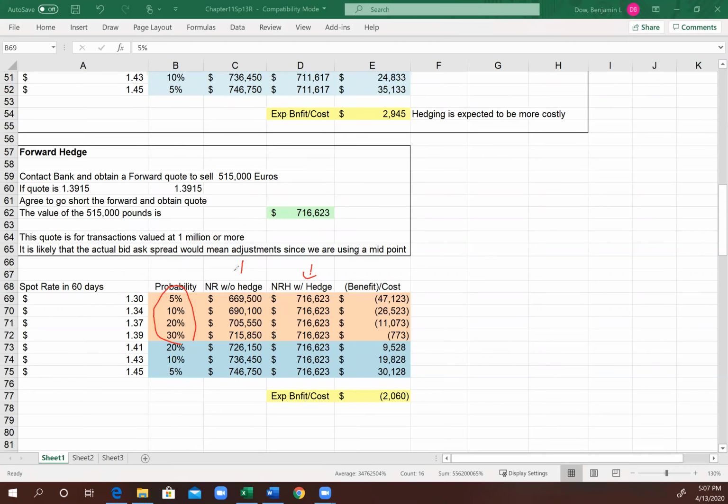Here was no hedge, what the receivables would be worth. Here's what they're worth with a forward hedge.